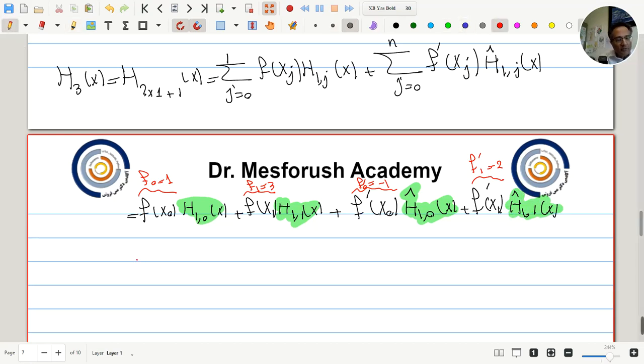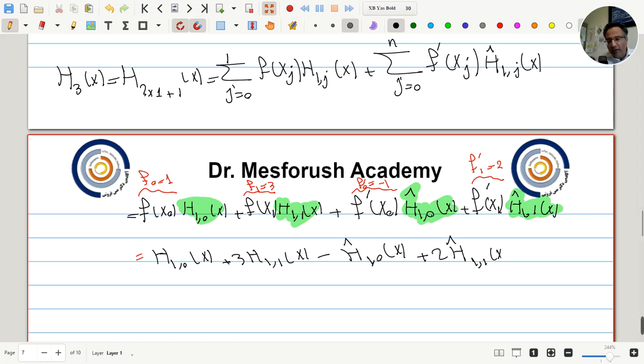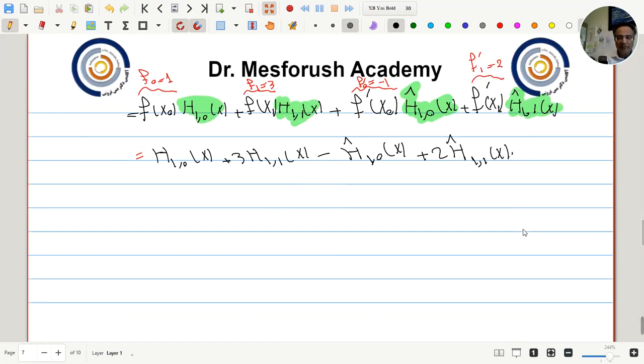So let me just rewrite it. This is equal to H10 of x plus 3 H11 of x minus H hat 10 of x plus 2 H hat 11 of x. Let me compute every one of these terms. First, let me compute H10 of x.